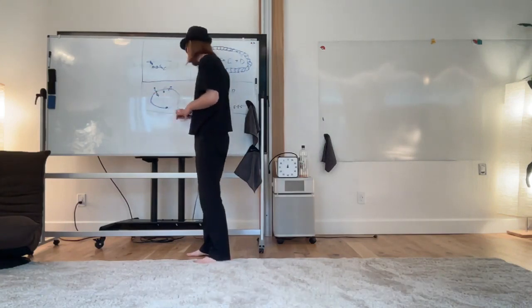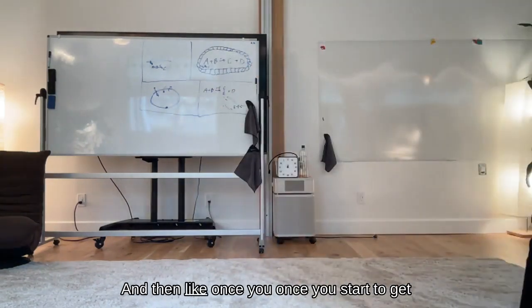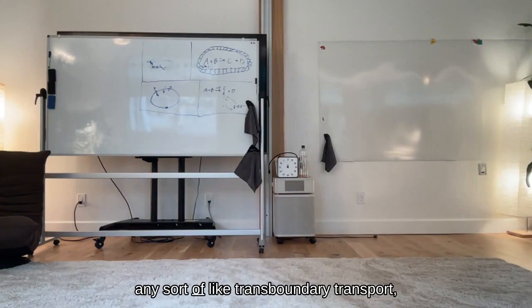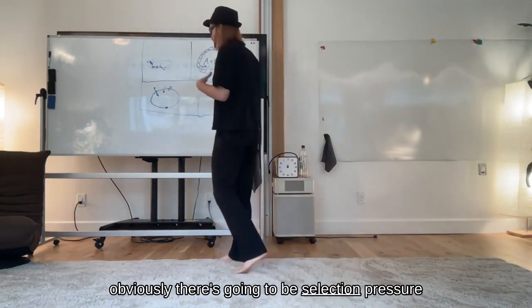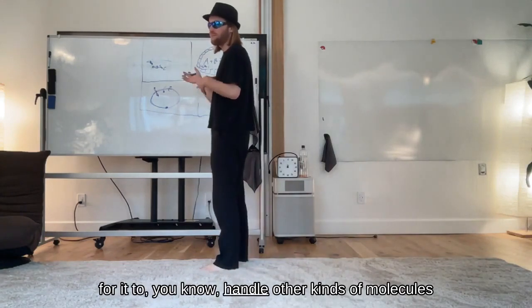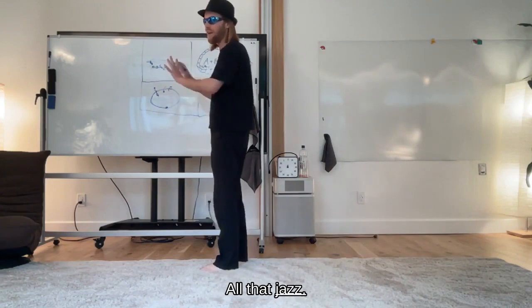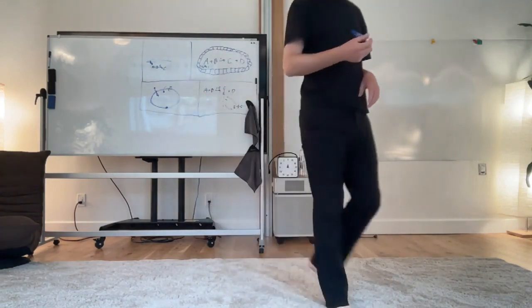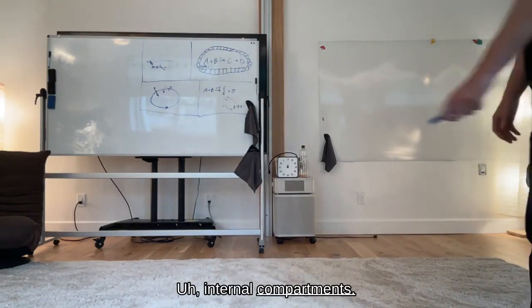Yeah. All right, so that's transboundary stuff. And once you start to get any sort of transboundary transport, obviously there's going to be selection pressure for it to handle other kinds of molecules, to be more selective, all that jazz. Okay. Next piece. Internal compartments.